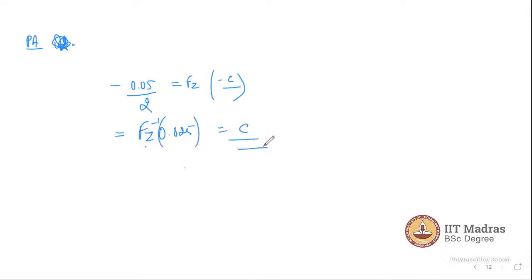So what you can do is, we had minus 0.05 by 2, FZ of something. Now it is minus z of something, and this is minus 0.025. So basically it is going to be FZ inverse of 0.025 upon something. Now in the problem, whatever is given, the values are as in the table. So FZ of 1.96 is 0.975.